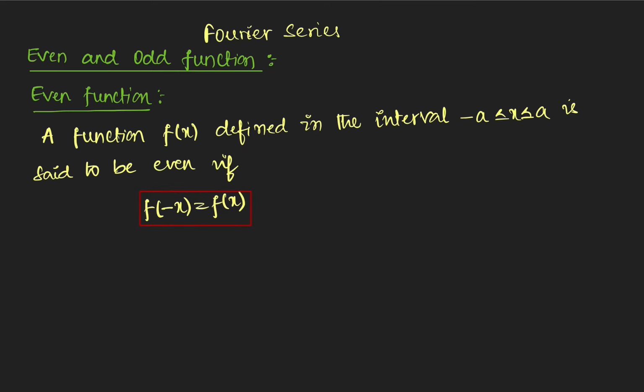So how does the graph of the even function look? We can consider the function y is equal to x square. So for an example, y is equal to x square, so here f of x is equal to x square. It is a parabola.